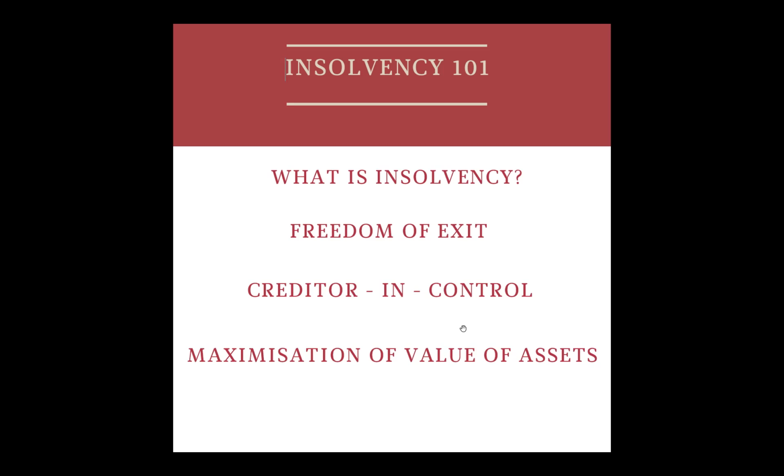So keep this freedom of exit in mind, in order for you to digest why IBC, the Insolvency and Bankruptcy Code, has come into the picture. Now coming to the next important leg of Insolvency 101, which is creditor in control. Here, I'll give a simple analogy for you to understand. A company is incorporated by the equity shareholders, but for the capital requirement of a company, we also rely on debt. So the capital contributors of a company are equity and debt.